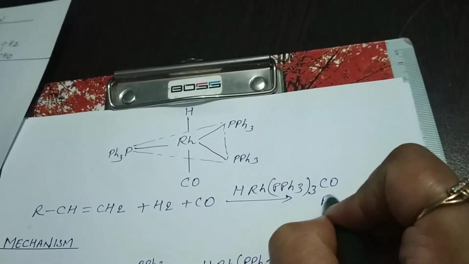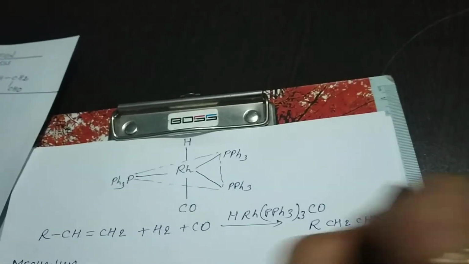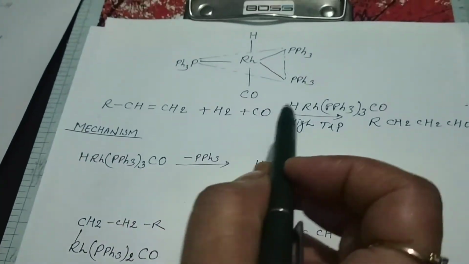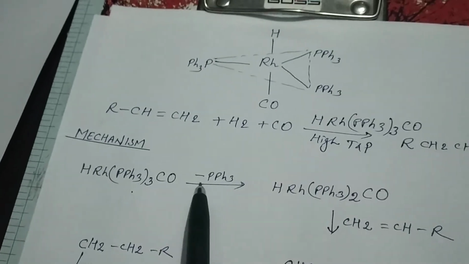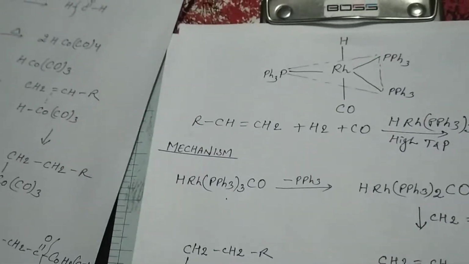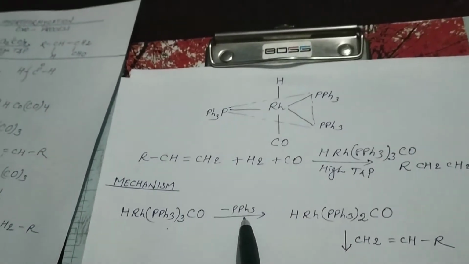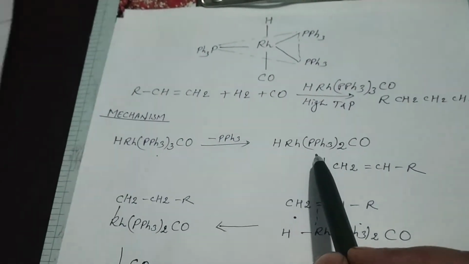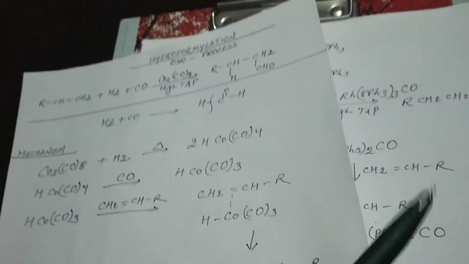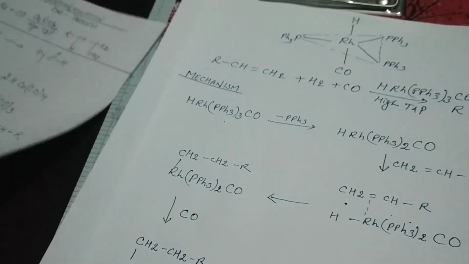We will get an aldehyde, RCH2CH2CHO, at high temperature and pressure. Now this catalyst loses one triphenylphosphine molecule, forming this species. So again, just like before, after losing one triphenylphosphine molecule, this species is formed, which is equivalent to this catalyst, and the same process will go on like this.